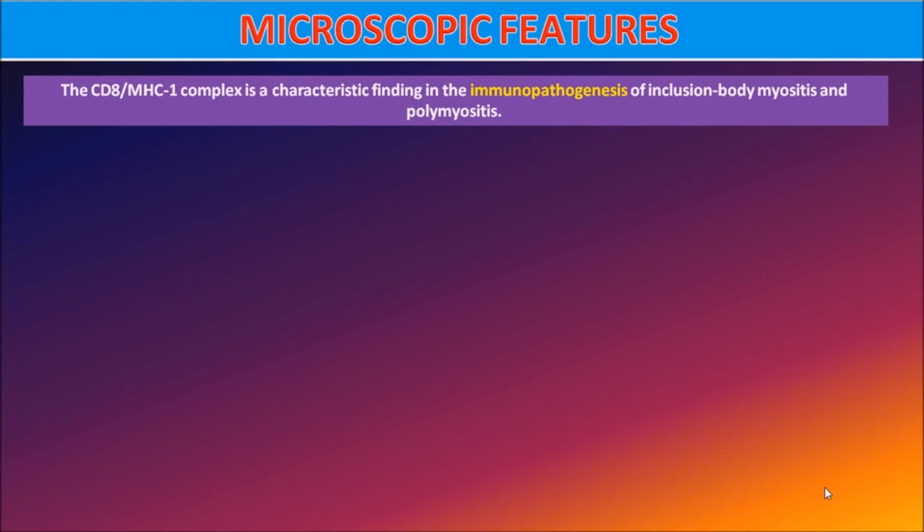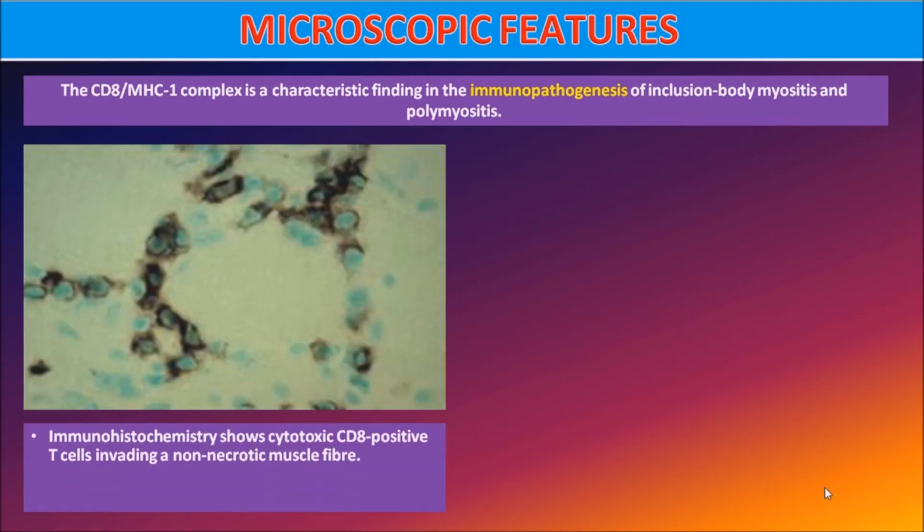CD8-MHC1 complex is a characteristic finding in the immunopathogenesis of inclusion body myositis and polymyositis. Immunohistochemistry shows cytotoxic CD8 positive T cells invading a non-necrotic muscle fiber.